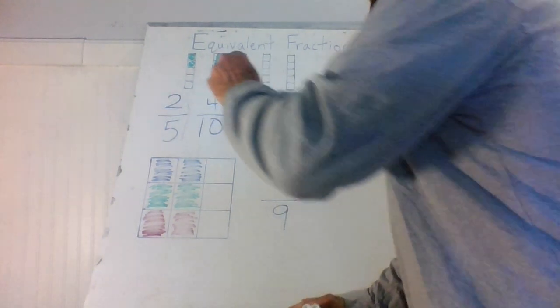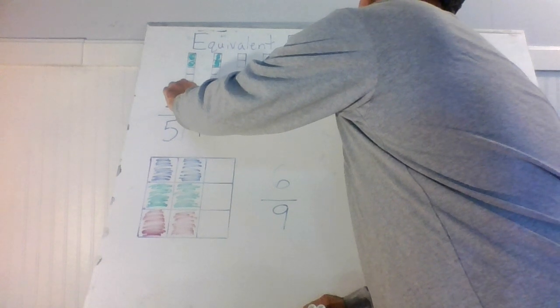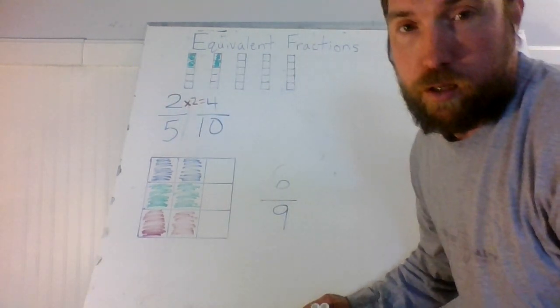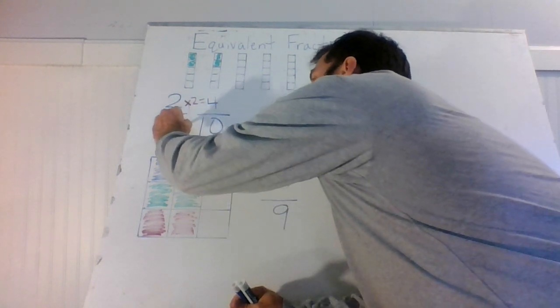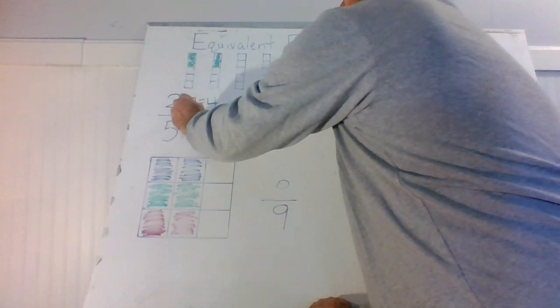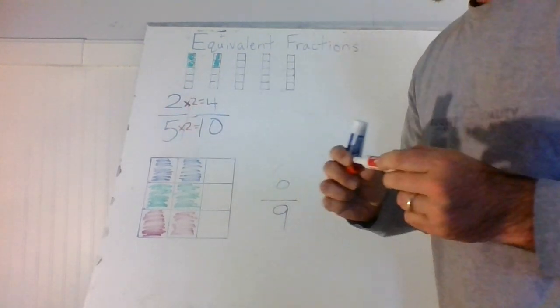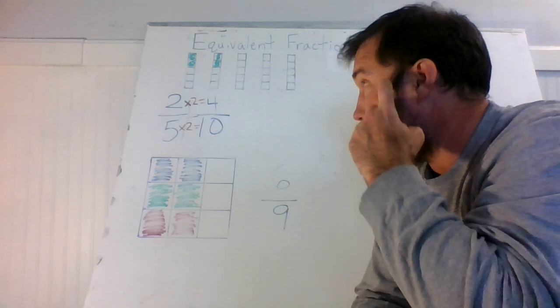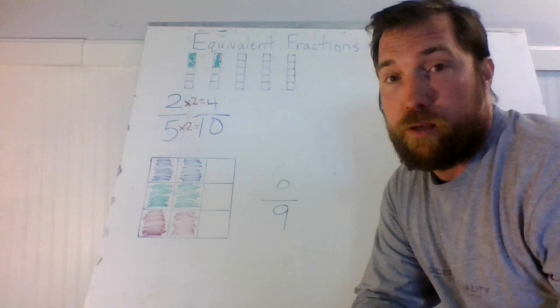The number 2 doubled, or times 2. 2 times 2 equals 4. The number 5 also doubled, or times 2. And 2 times 5 equals 10. We multiplied by 2 halves. And now we have 4/10.